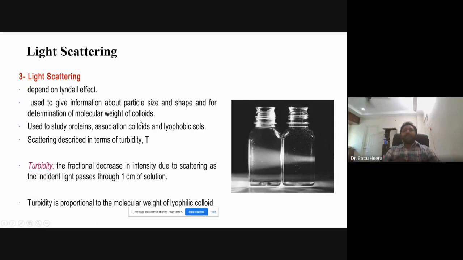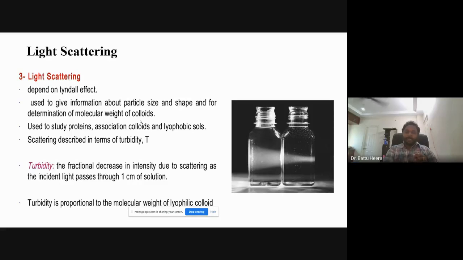It is also used to study proteins, associated colloids, and lyophobic solutions. And we can measure turbidity; the intensity of the turbidity also becomes clear by the light scattering technique.